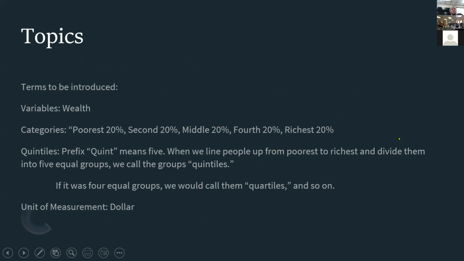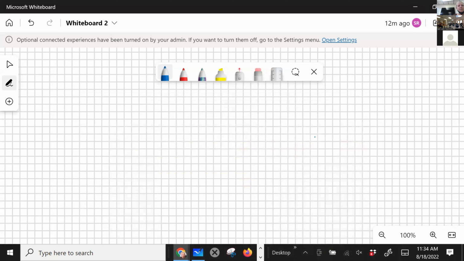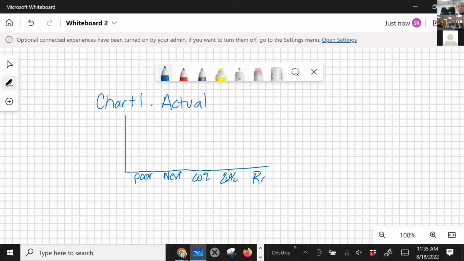What this could then look like in the end is you'll have one piece of paper, and it will have chart 1. This title has the word actual in it. I'm not going to write it all out. You had your y-axis where you're going to represent dollars, and your x-axis representing the groups. You had them labeled: next 20%, next 20%, and then the richest.